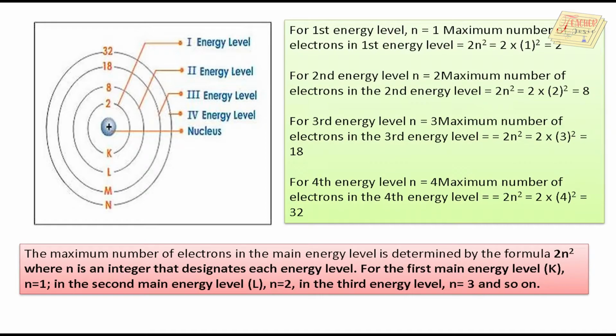For the first energy level, n equals 1, the maximum number of electrons is 2. For the second energy level, n equals 2, the maximum is 8. For the third energy level, n equals 3, the maximum is 18. For the fourth energy level, n equals 4, the maximum number of electrons is 32.